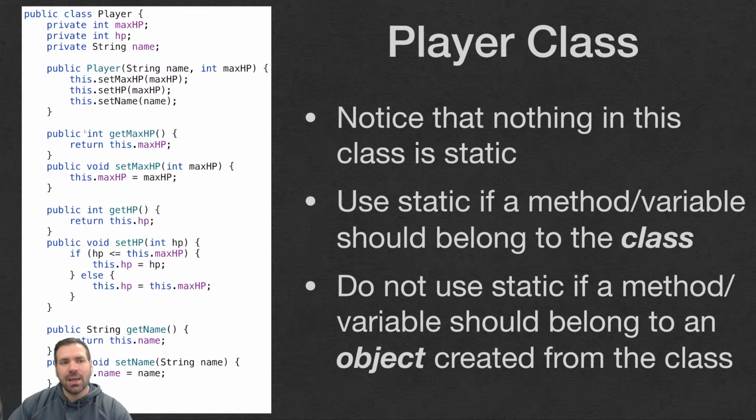So we don't say Player.getMaxHP, we say p1.getMaxHP. And we saw this in ArrayList and HashMap and list and dictionary in Python. We saw this all the time. I didn't highlight it too much because I was saving the conversation for now. If you have myArray of type ArrayList of Integer, it's myArray.size, myArray.get, myArray.set.